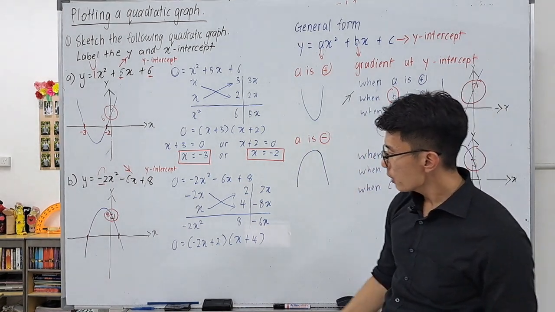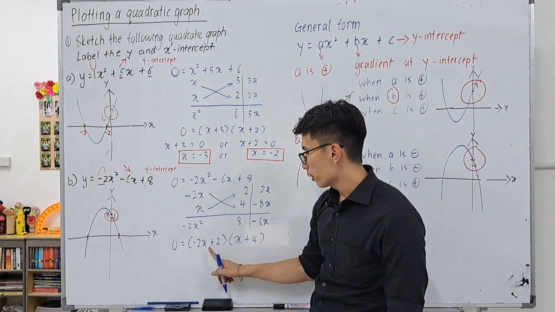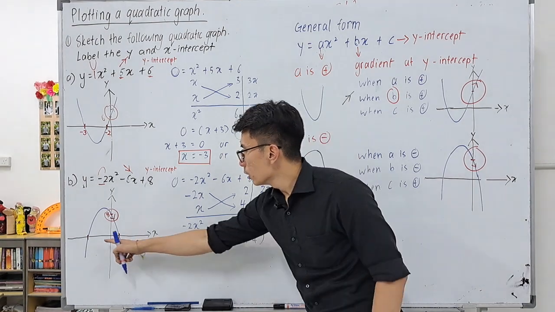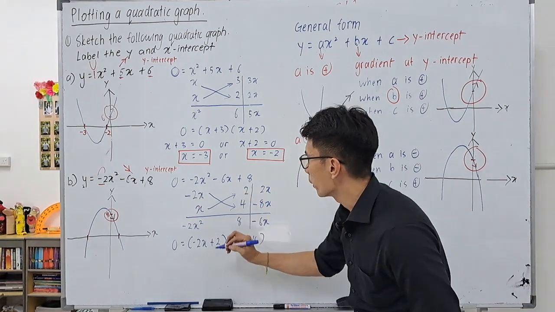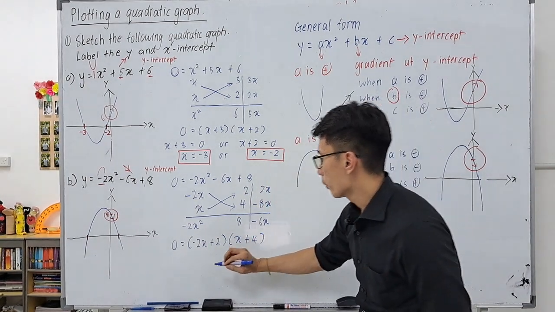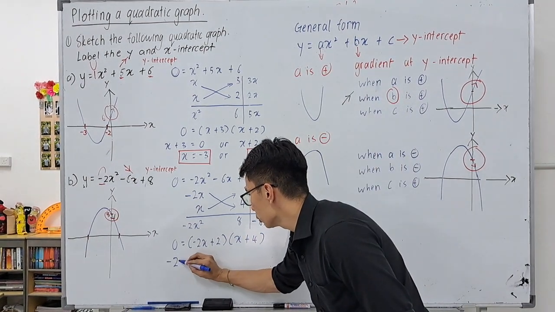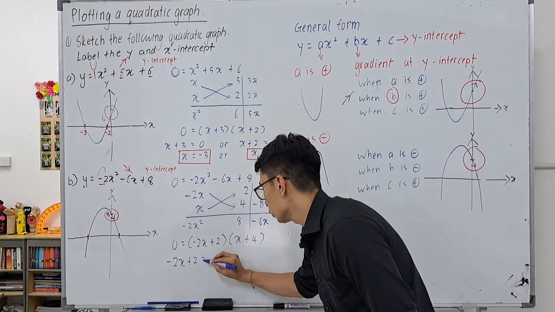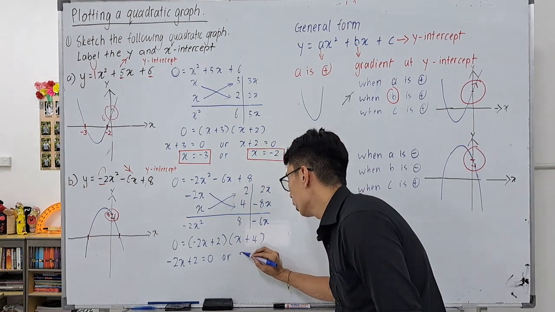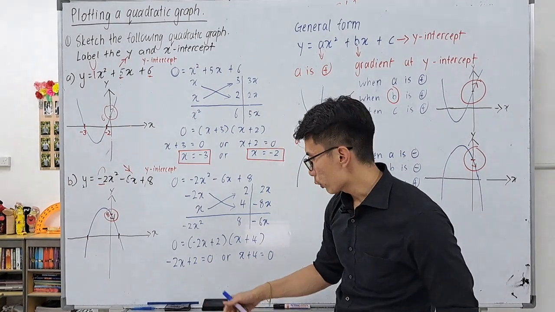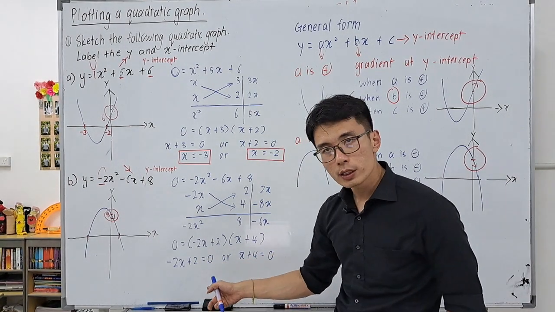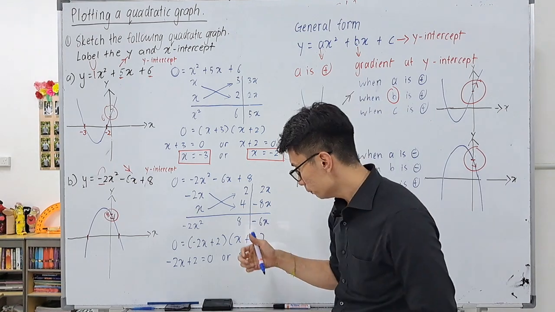Okay, so again, these 2 points over here, it's either here and here. So remember, the y value is always 0. That's why we can write like this. So I can write -2x plus 2 is equals to 0, or x plus 4 is equals to 0. Now we can solve this very quickly. Move the plus 2 over here, that will give me -2.